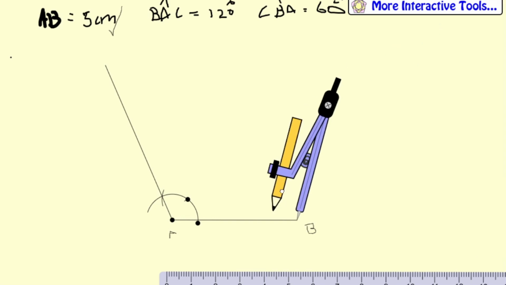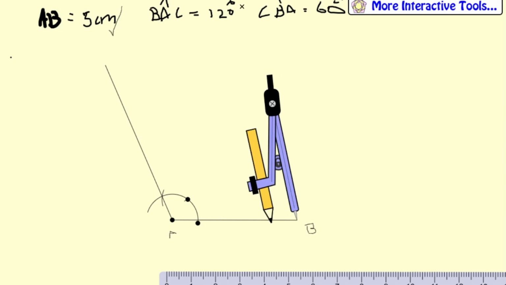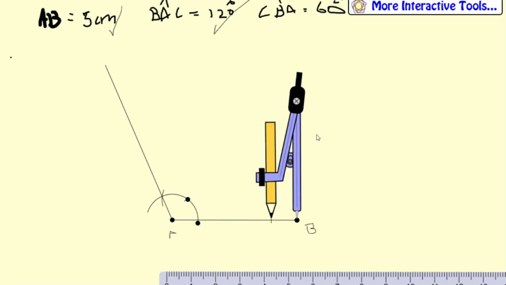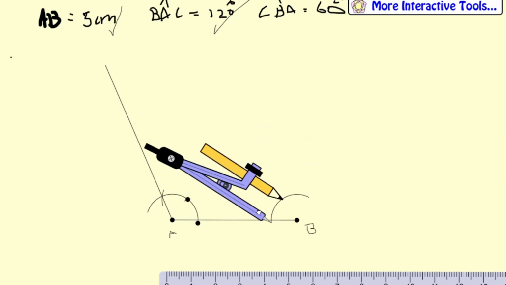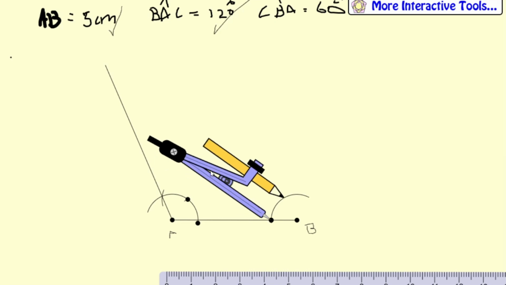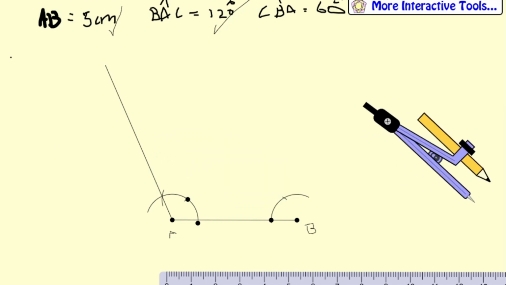Then for this side now, we're going to get our 60. So we need to scribe an arc, keep the same radius, place it right here on the line, and scribe again. Then draw a line through this point. Right, this is not going to meet.